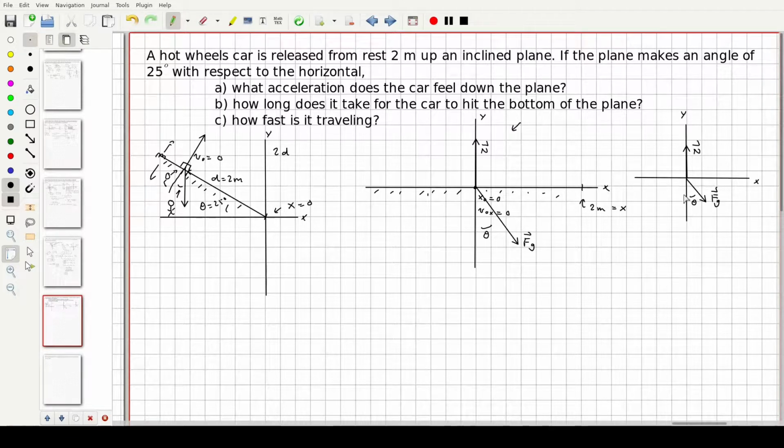Now, this is a dynamics problem, but already we can see, because the plane is an unyielding thing, that the normal force and the y part of gravity are going to balance each other out and give us 0. It's the x part, the part of gravity that lies down the plane, that makes this thing roll down it.